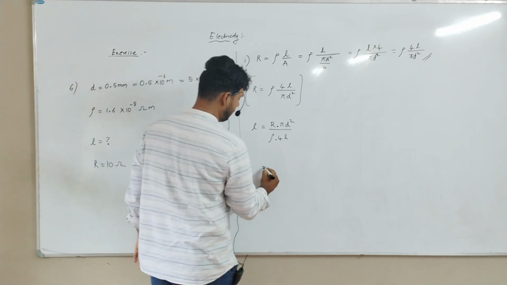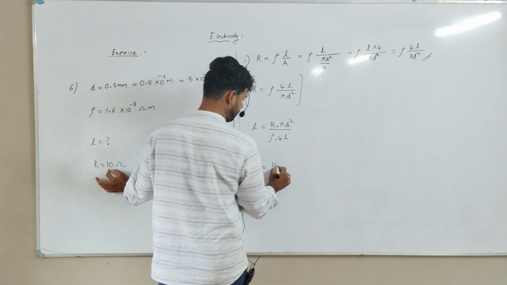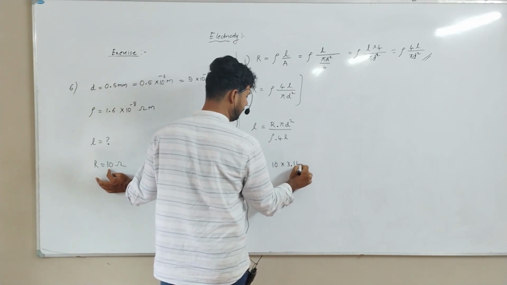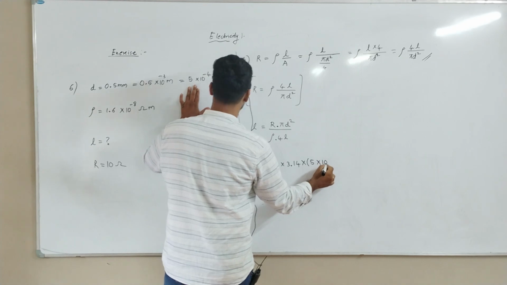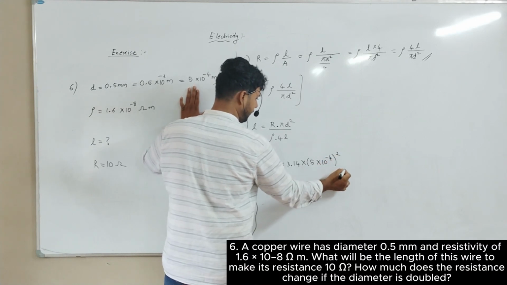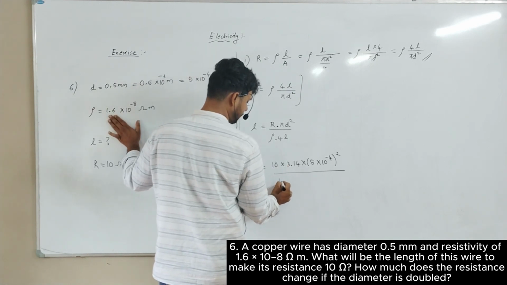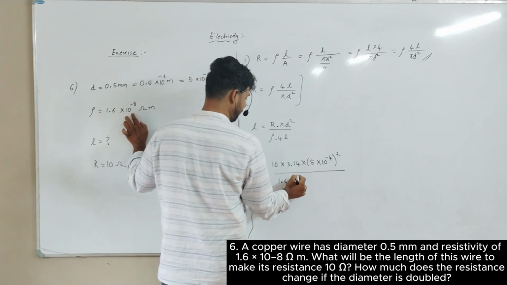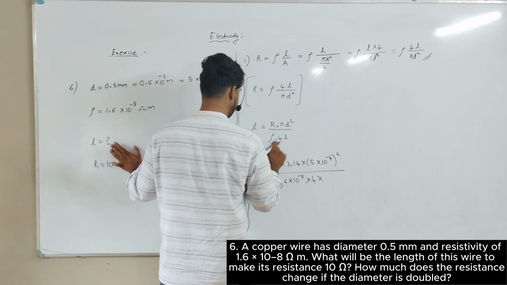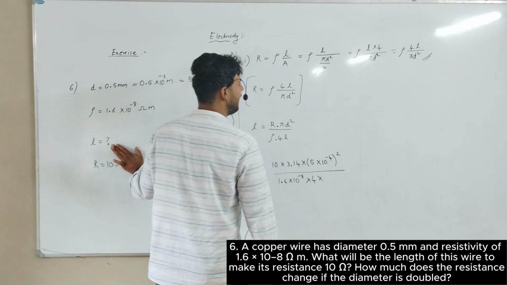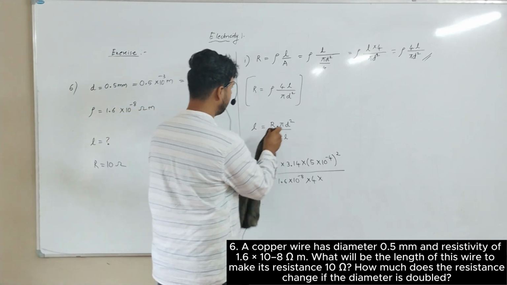Okay. So how much is the resistance here? Resistance is 10 into pi, that is 3.14, into diameter 5 into 10 power minus 4 whole square, divided by rho, resistivity, 1.6 into 10 power minus 8, into 4 into L. Length is not there, length has gone here.